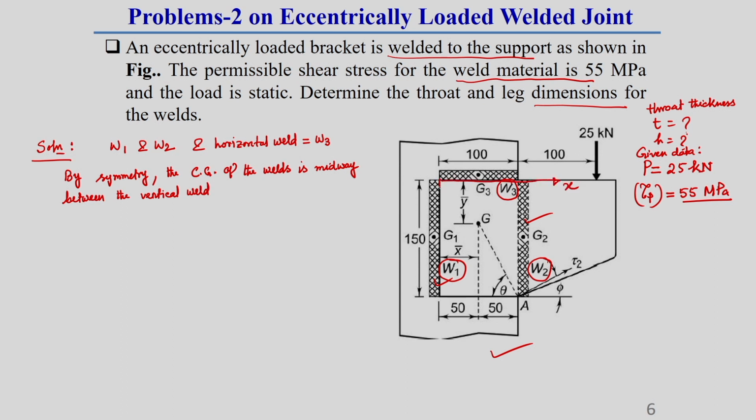Let this be our x axis and let this be our y axis. With respect to the x axis, what should be the CG point G? First of all, we have to find this out, and with respect to this y axis, what is the CG distance?